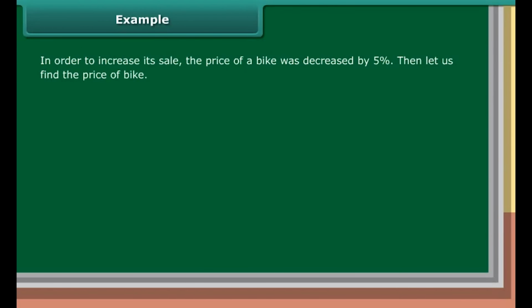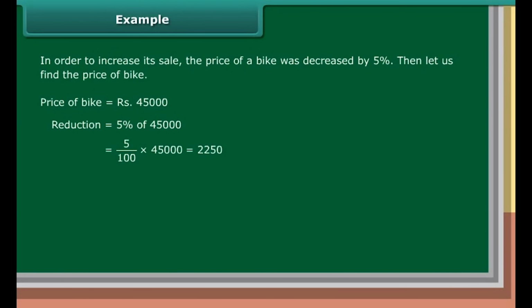₹54,000. In order to increase its sale, the price of a bike was decreased by 5%. Then let us find the price of the bike now. Price of bike is equal to ₹45,000. Reduction is equal to 5% of 45,000, which is equal to 5 upon 100 into 45,000, which is equal to ₹2,250.